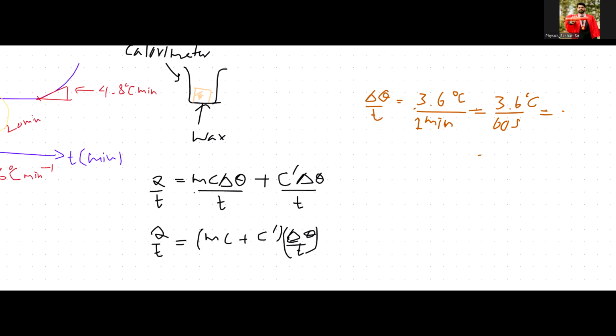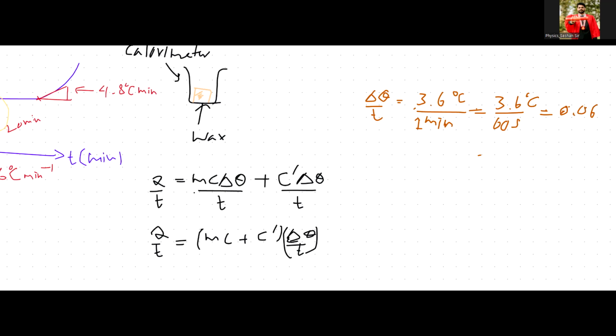Okay. So instead of this one, I can write 0.06 here.